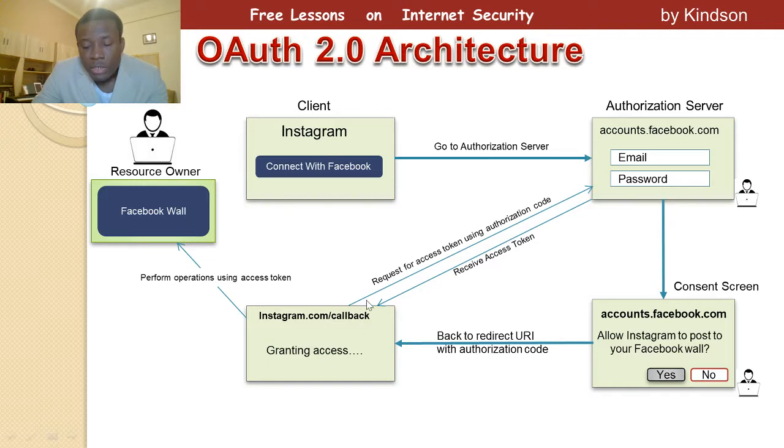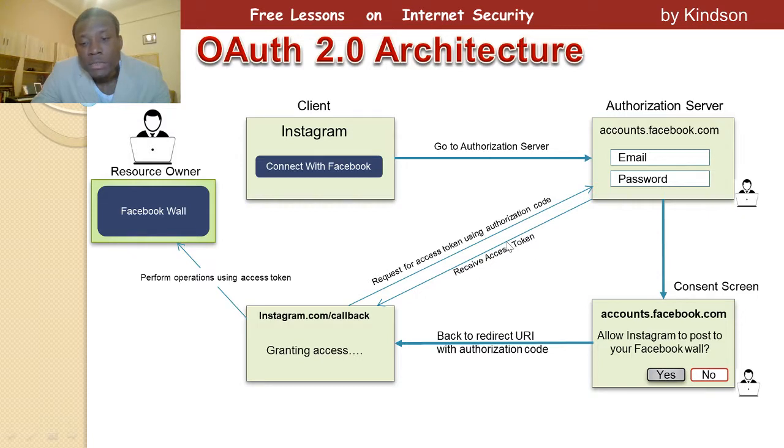The next thing you are going to do is to go back to the authorization server and say, okay, I have the authorization code. Now give me an access token. The access token is what actually will be used to grant you this delegated access to Facebook. So the token authorizes you, not authenticates, authorizes you to perform particular actions.